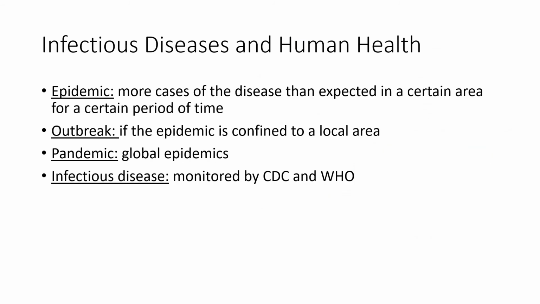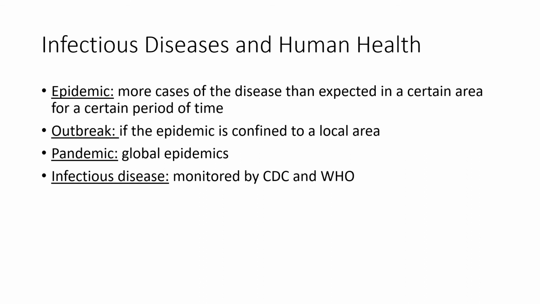So some infectious diseases and human health. A few terms that I want you to know. Epidemic. This is going to be more cases of a disease than expected in a certain area for a certain period of time. An outbreak is classified as the epidemic being confined to a local area, and a pandemic is going to be a global epidemic.